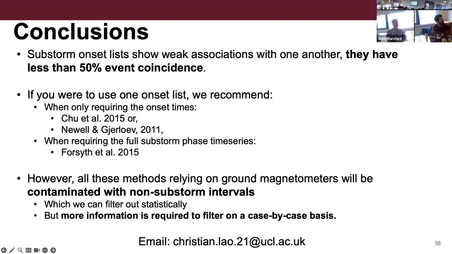Nice talk, Christian. I really liked the study, especially the first part. It kind of caught my mind that these are all like a stationary Poisson process, basically like when a substorm happens or not.